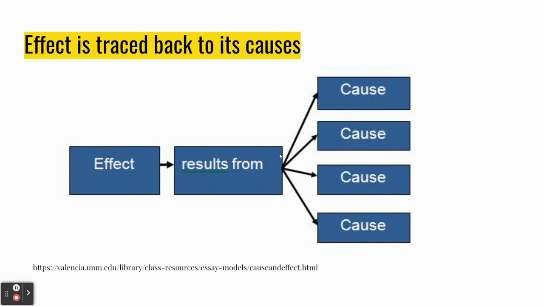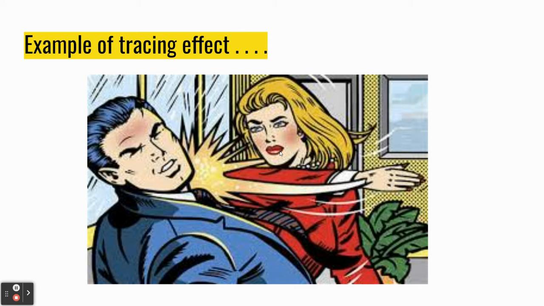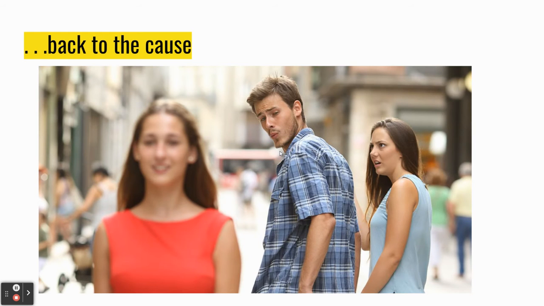So, if we have, in a very retro pop sort of way, a woman slapping a guy across the face, this was the effect. This was the final thing that happened. And if we go to all of the favorite memes of all time, this was likely the cause. We are tracing things back from the effect to the cause.